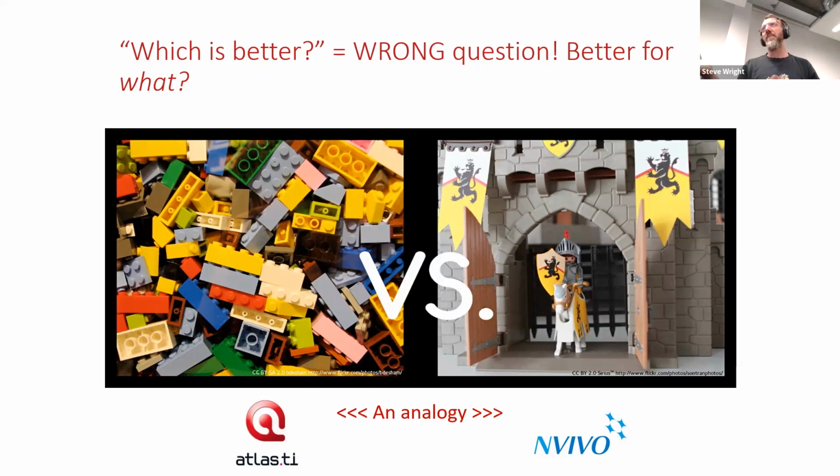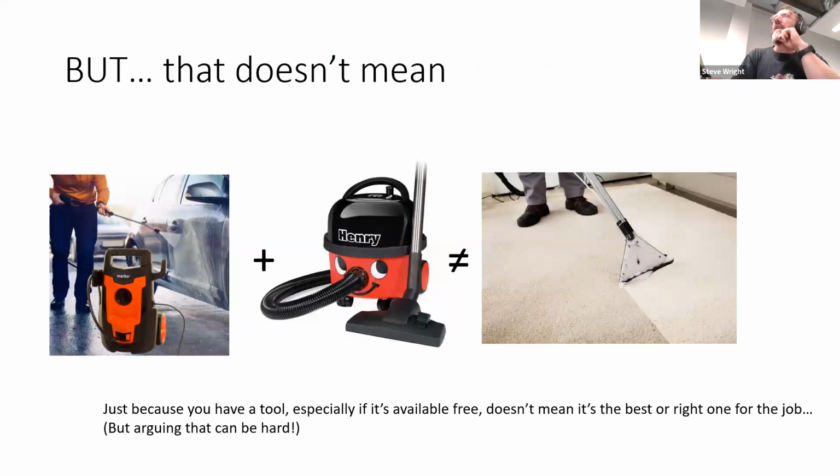But would I say one is better than the other? No, because Lego does what Lego does really well, and Playmobil does what Playmobil does really well. Which is better is kind of the wrong question. They are different. Yes, they're both toys, and they've got a lot in common, but you can't quite do the same things.